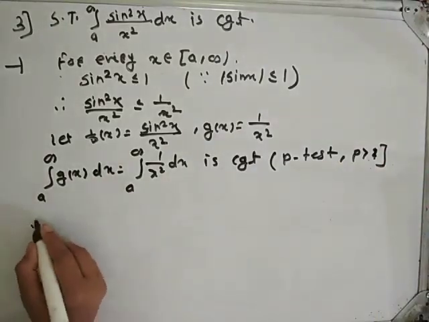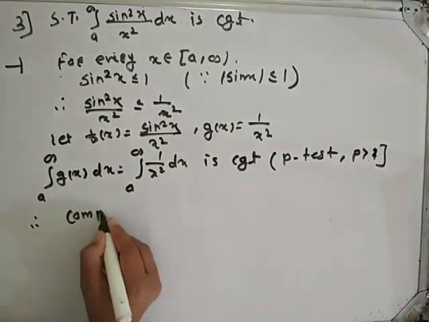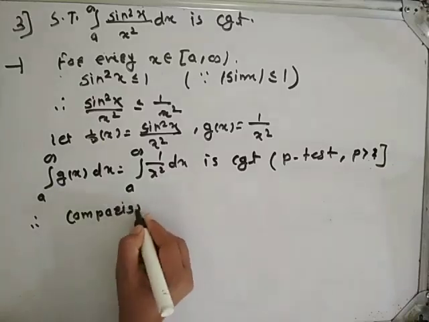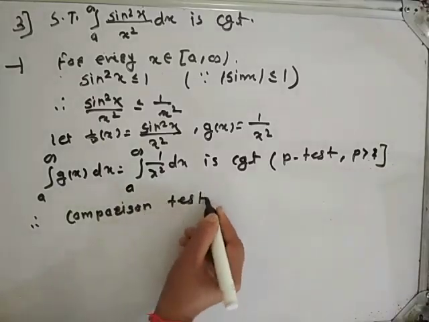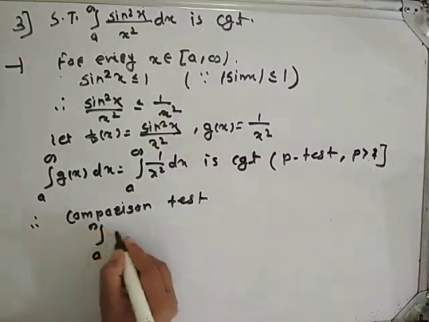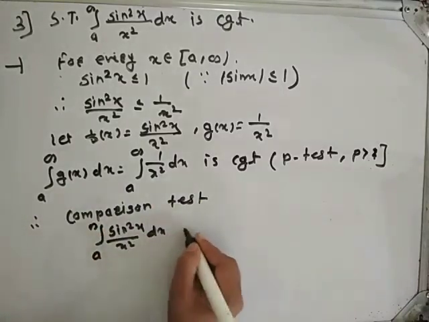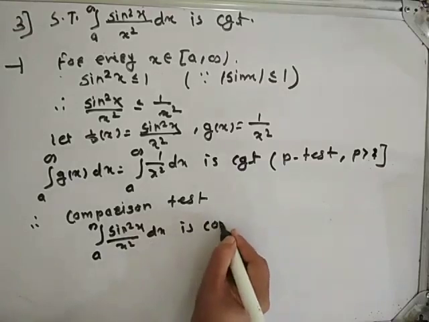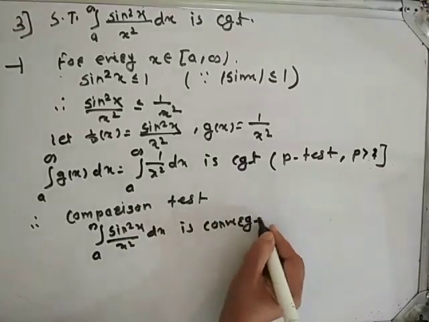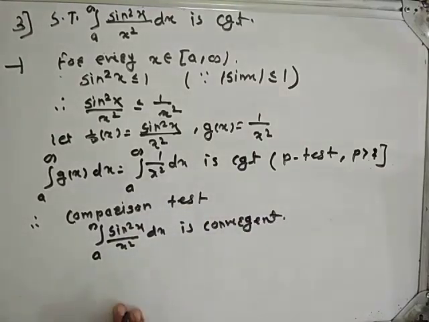Therefore, by the comparison test, what happens? Integral from a to infinity sin square x upon x square dx is convergent.